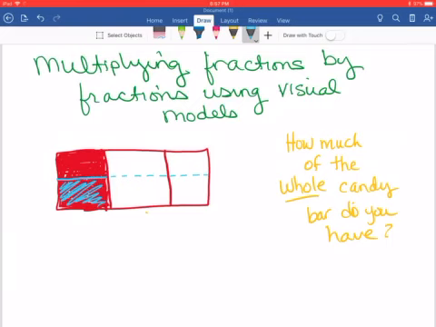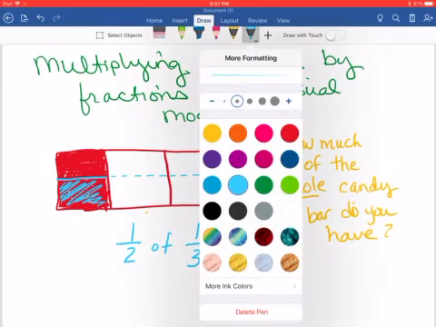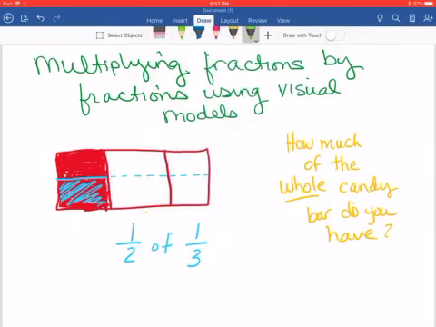So I'm going to give you 1/2 of 1/3 of my candy bar. How much of the whole candy bar are you guys holding? Well, you are holding one piece, because you're holding this guy right here, out of 1, 2, 3, 4, 5, 6 equal pieces.